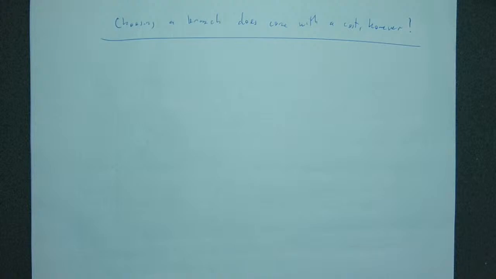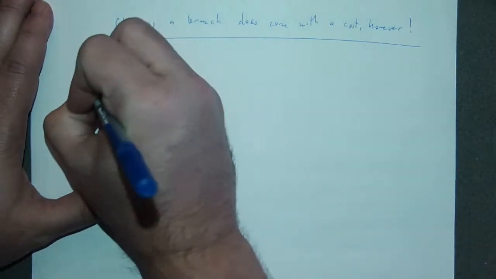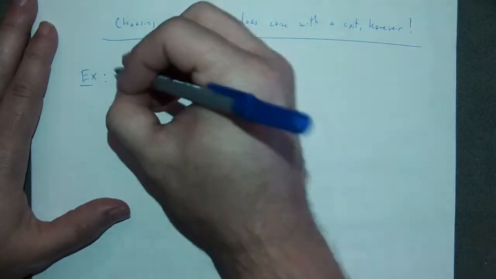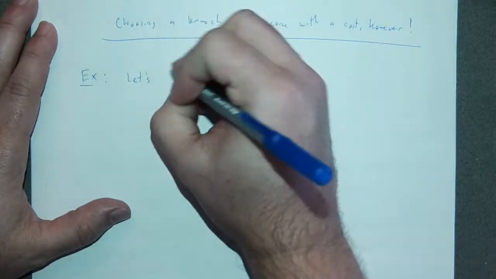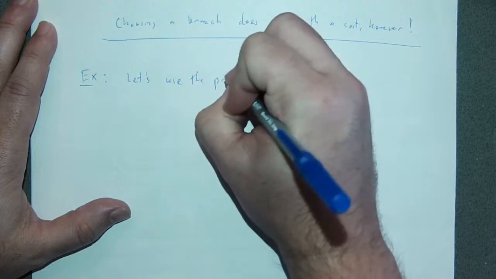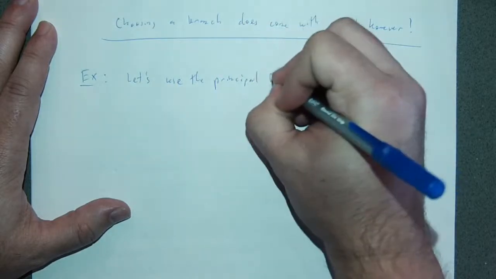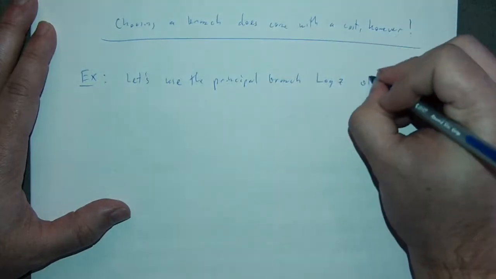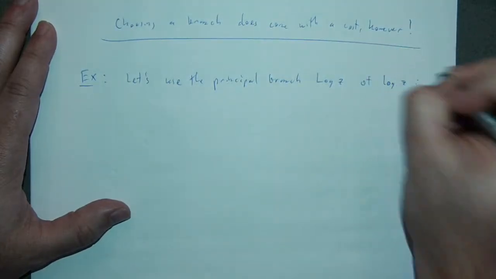Sometimes you're going to be happy, and sometimes you're going to be less happy with the things that happen. And so let's use the principal branch, capital Log z, of log z.